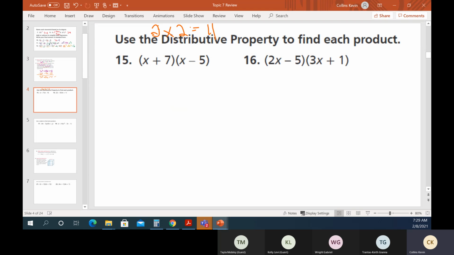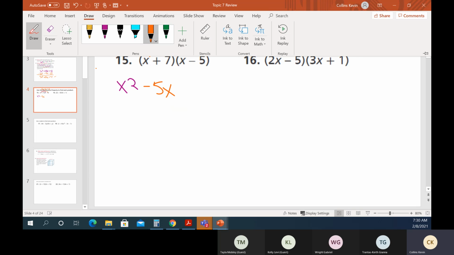Okay, so we'll start off here. We start with the first guy. We do x times x, and that's going to be x squared. Then we do x times negative 5, so that's minus 5x. Then we move on to the 7. This is also just sort of a mega distributive property thing.